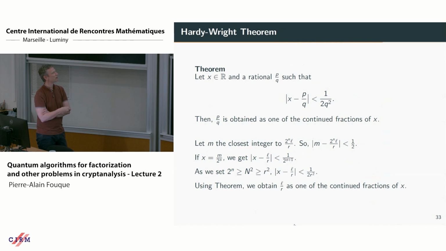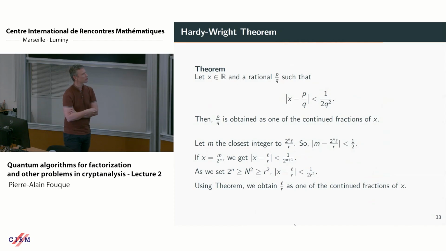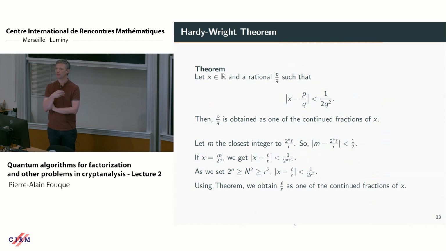If this equation is satisfied, you are in business, and you can recover the order of the element. But it can fail. If the order that you recover is not even, you have to run the whole algorithm again with another integer a. Is that okay for you? Okay, so this is exactly Shor's algorithm and how it works.